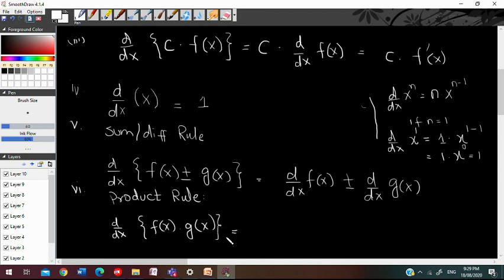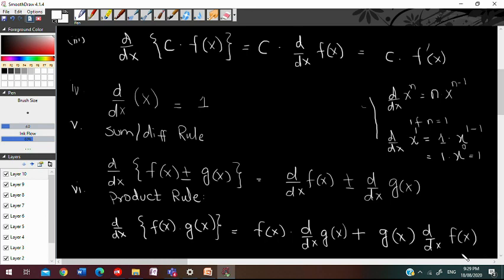Then the rule is first function remains same and we apply derivation on second function, plus sign, then second function same, we apply derivation on first function. So this is the product rule.